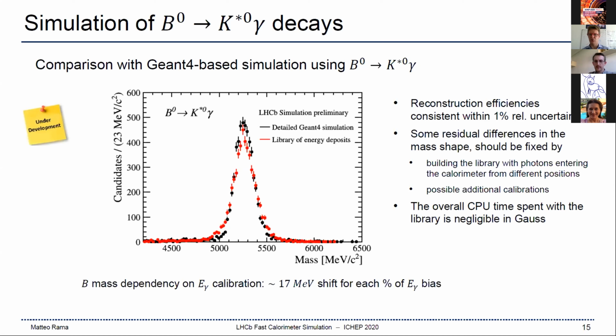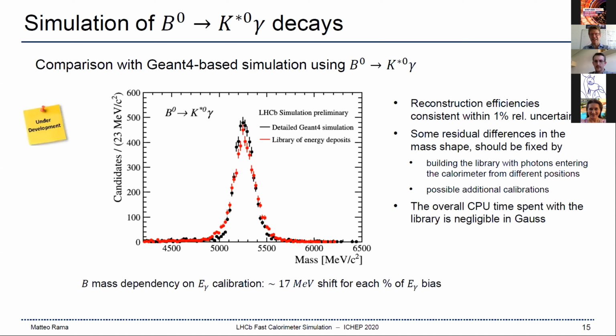One other thing that I should mention is that after the hits are taken from the library, they are given to the same code that is used when Geant4 is used, which among the various things also applies some corrections based on where the energy deposit is within the cell area. So some correction is already taken into account anyway.